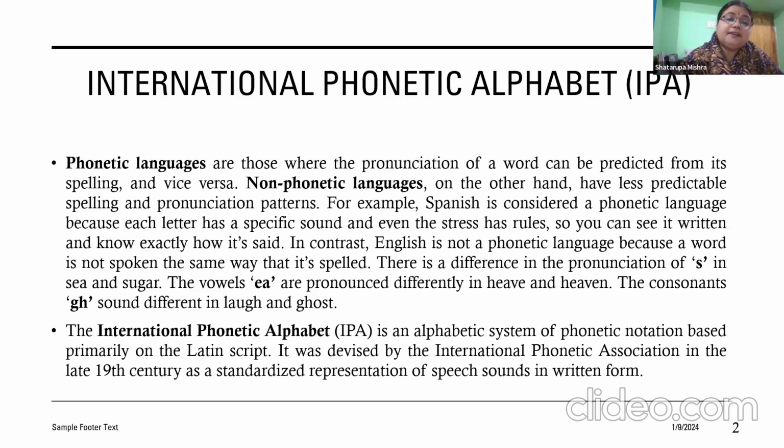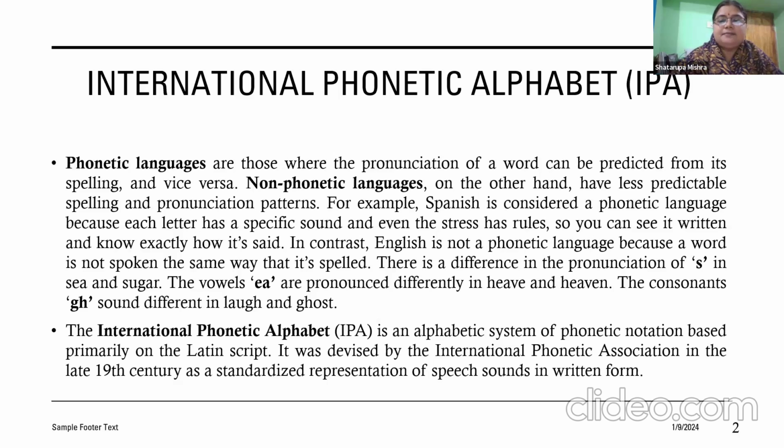Now, if you cannot predict the pronunciation from the spelling, then you need to have a particular system, a system of symbols which will tell you exactly how a word is pronounced, right? So if spelling is not sufficient, then you need something else. So the International Phonetic Alphabet was introduced for this purpose.